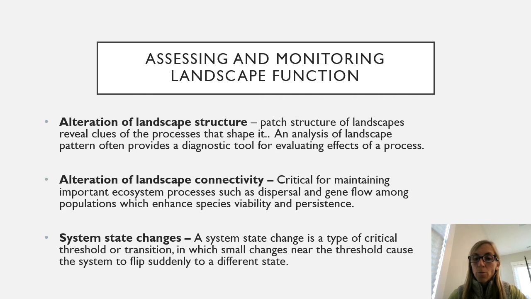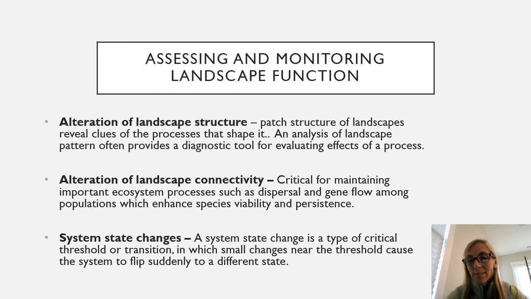And then, of course, system state change typically happens when a critical threshold or a transition takes place in which a small change near the threshold can cause a system to flip suddenly to a different state. Generally, we think of system state changes as negative, of course, or undesirable.